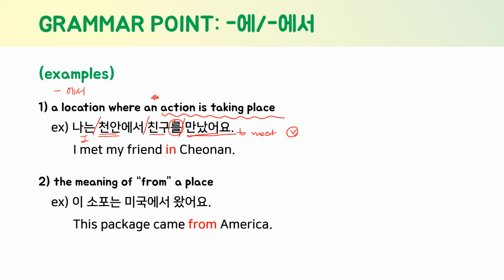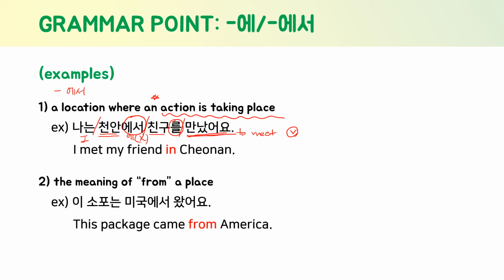It's 만났어요. Where is the action taking place? The meeting is taking place where? In 천안. So in this case, you add 에서, not 에, because the action is taking place. 천안 is a place where the action is taking place.